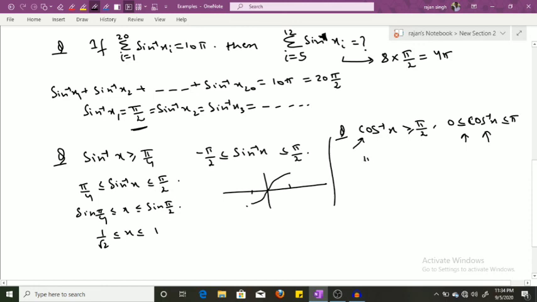So what is the intersection coming? cos inverse x is greater than pi by 2 and less than pi. Again when you take the cos, I already discussed that cos is a decreasing function, so the interval will change. cos pi is minus 1 and cos pi by 2 is 0. So the interval is minus 1 to 0.